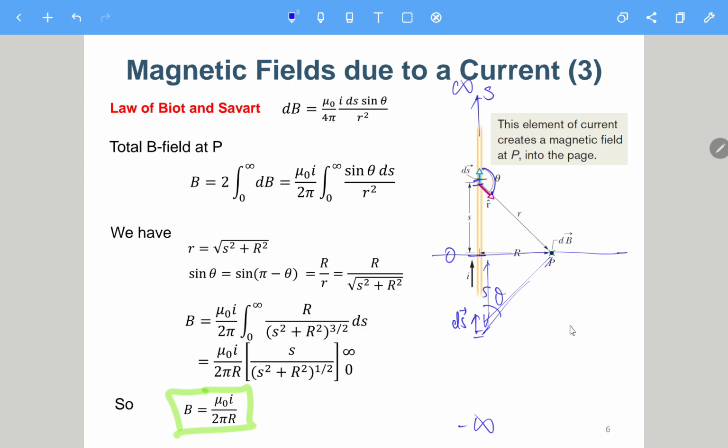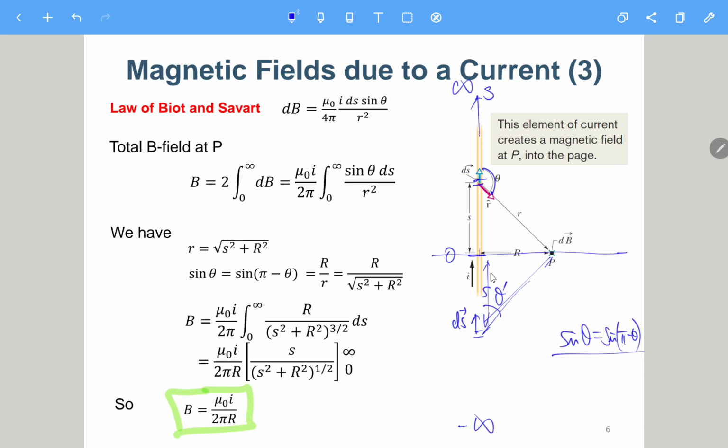Theta and theta prime add up to 180 degrees, and sine of theta equals sine of pi minus theta, so these two cross products give the same value. They also point in the same direction, because ds cross r points into the page for both, with the same magnitude.